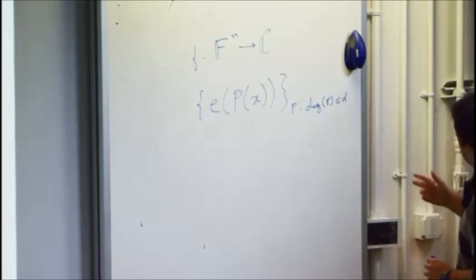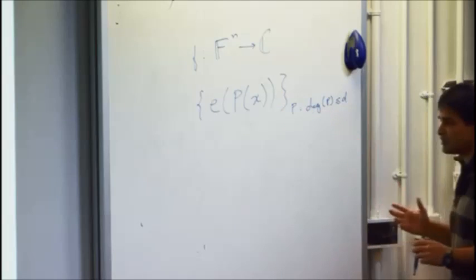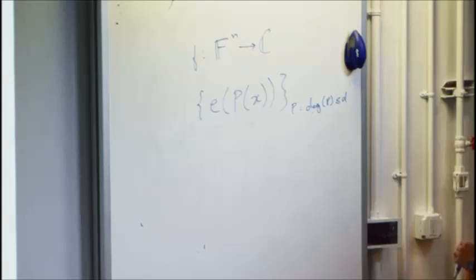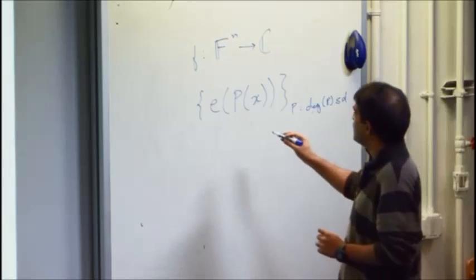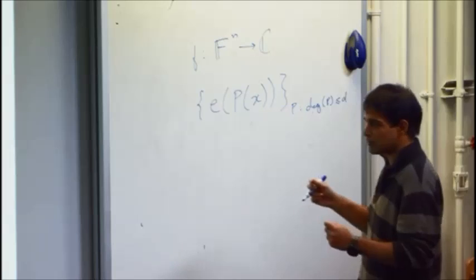And it's not true that these are all orthogonal to each other, so there's no unique decomposition. So we want to write it in terms of a collection of polynomials which are orthogonal to each other.